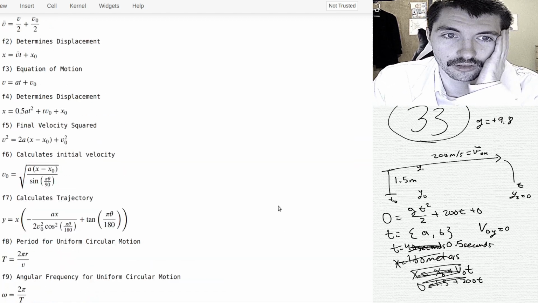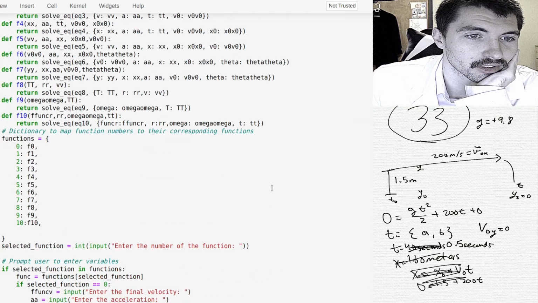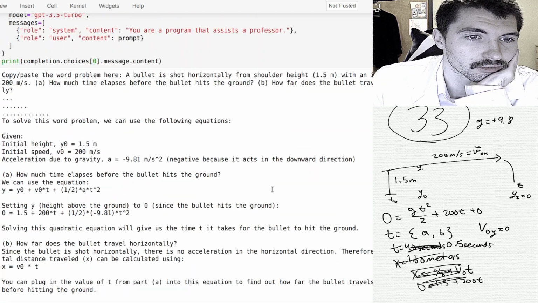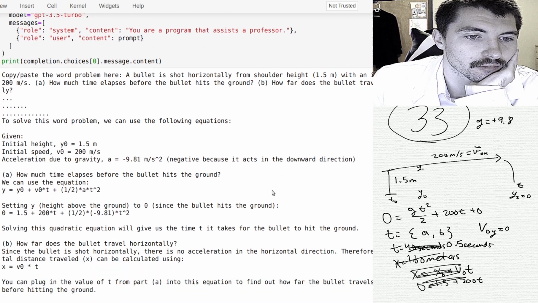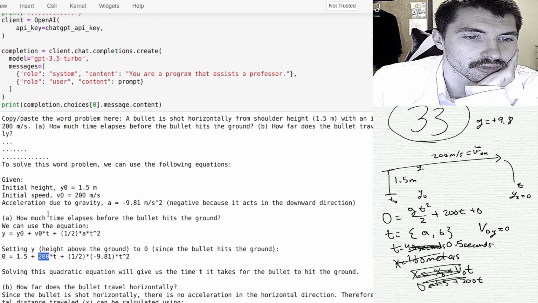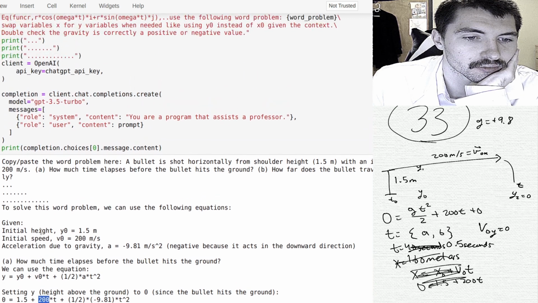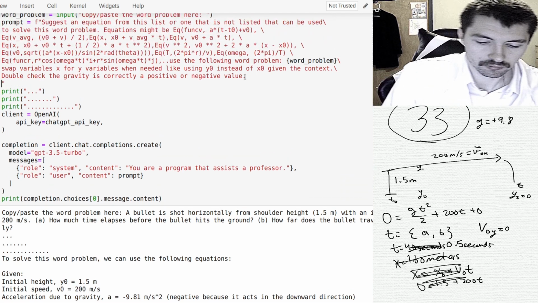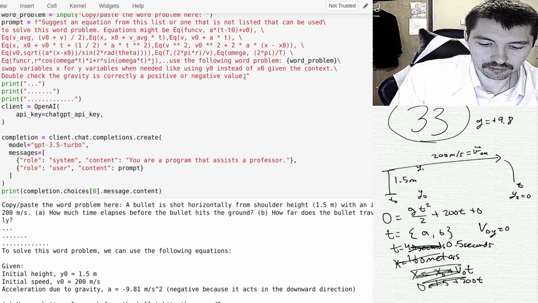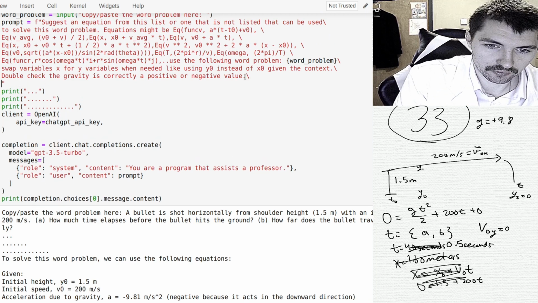Okay. Now, how did this not help me? This is wrong. How do I fix this?